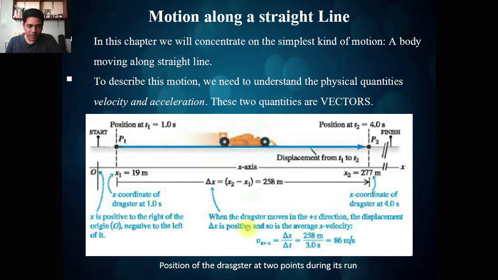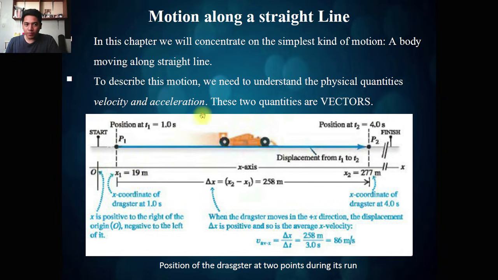At position 1, that is 19 meters away from the starting point, and position 2 is 277 meters away from the starting point. To get the displacement, delta x, or the change in position, we subtract x sub 2 minus x sub 1, which is 258 meters, given that x sub 2 is 277 meters and x sub 1 is 19 meters.